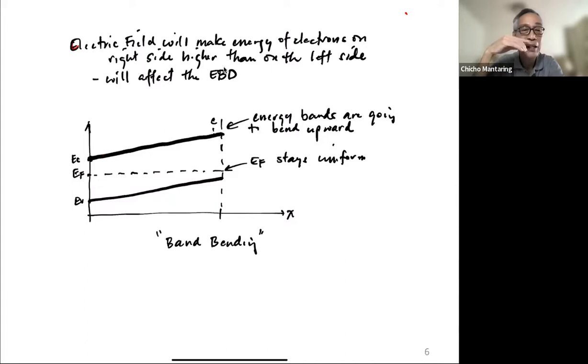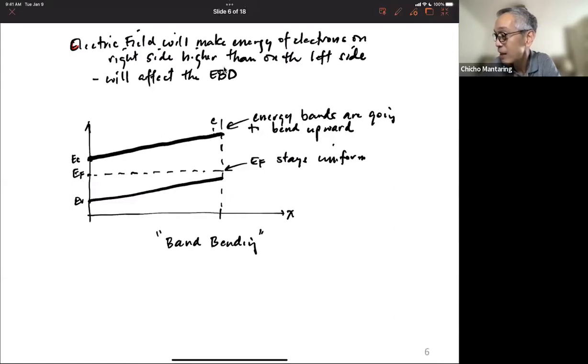The energy of your electron has nothing to do with the energy band diagram. This can be the energy of your electron, let's say. What the energy band diagram says is how much energy you need for this electron to conduct electricity.